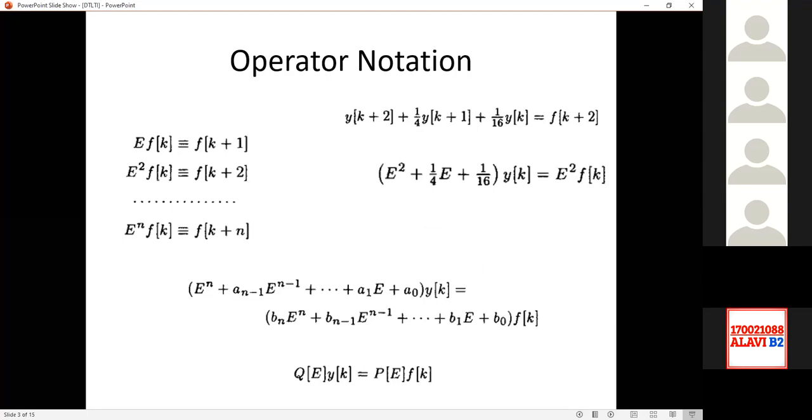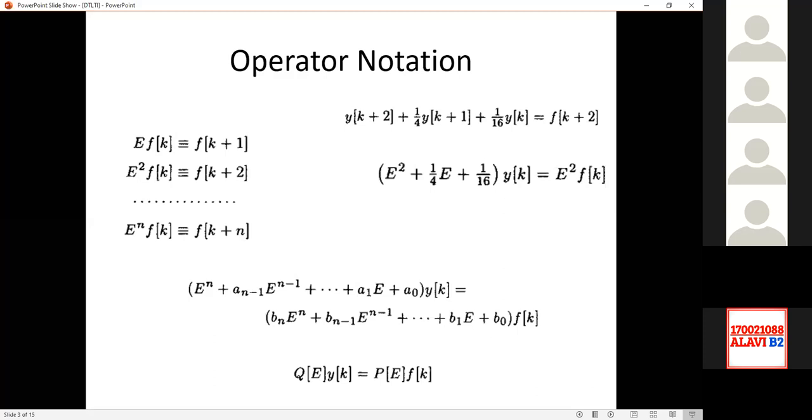So you see that in our case, the output samples, either advanced or delayed, the same is true for your input samples.